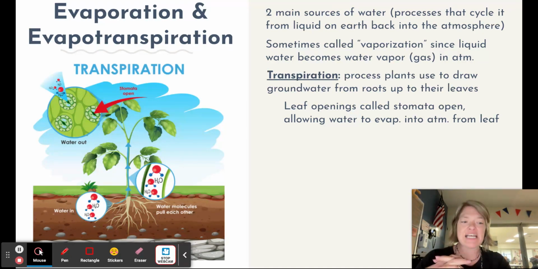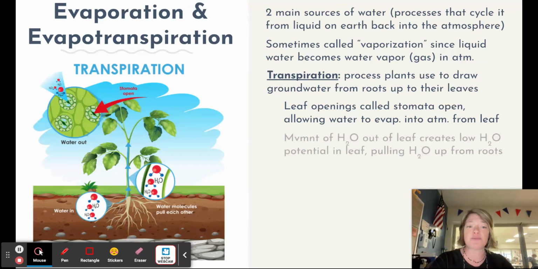Plants like cacti, or plants that are in more dry environments, will keep their stomata closed so that the water vapor cannot escape and stays within the plant. We want to keep as much water in the plant as possible in those drier climates, because they have to go for long periods of time without being replenished with water. That's just an adaptation that plants in dry environments have developed.